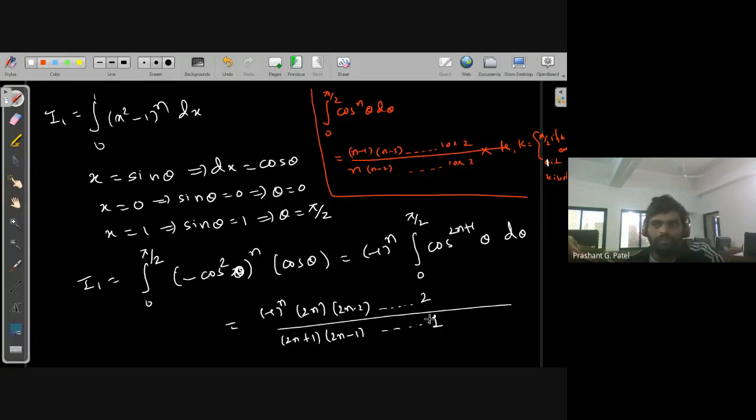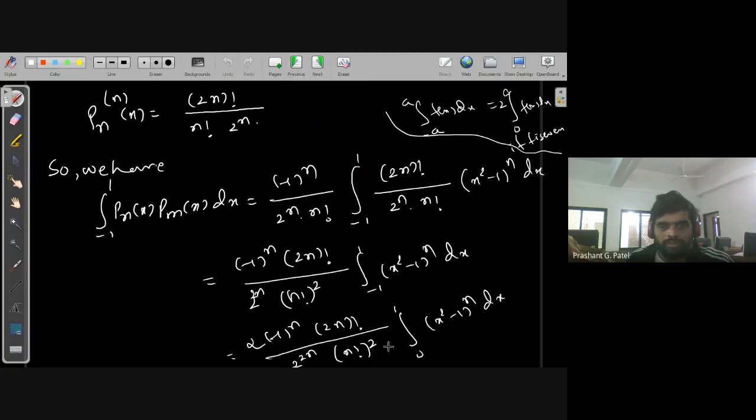Now what will this be? That we need to adjust. So let me write down here. Previously we have I1, which is this quantity into this integration, and this is I1 we have assumed.